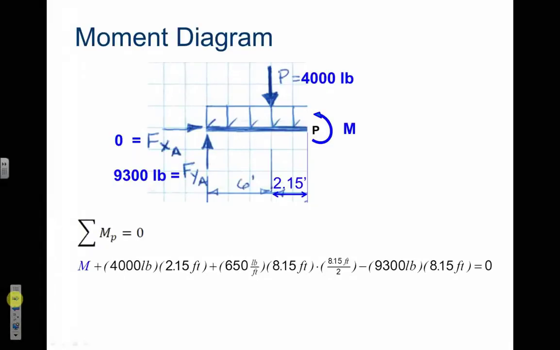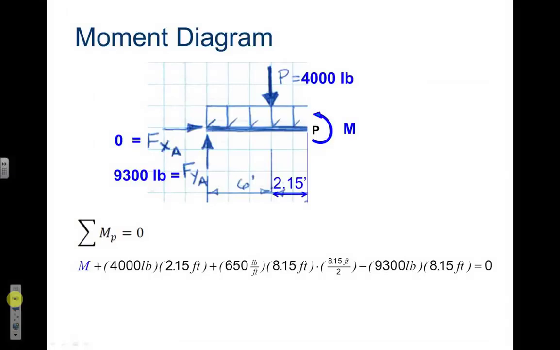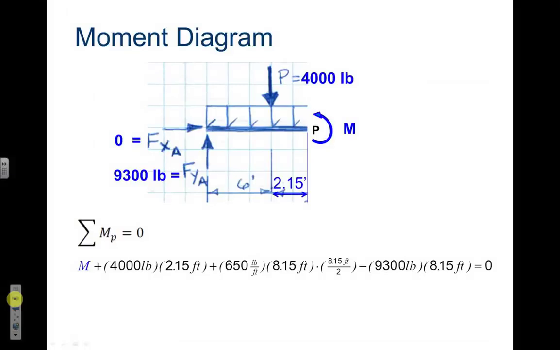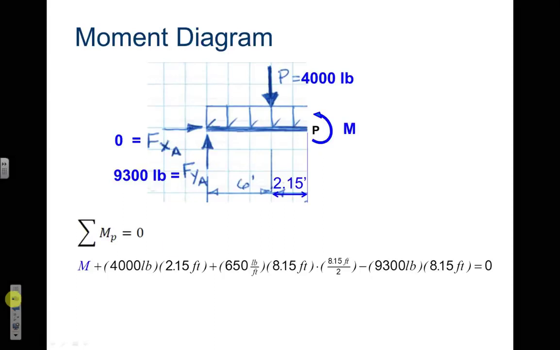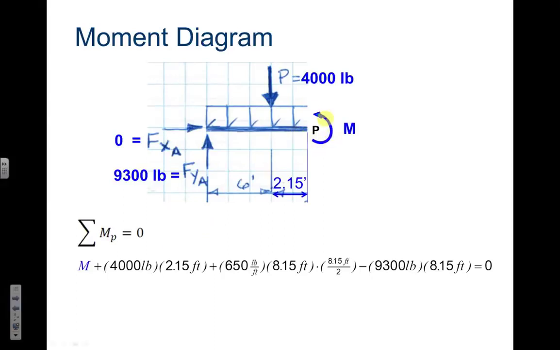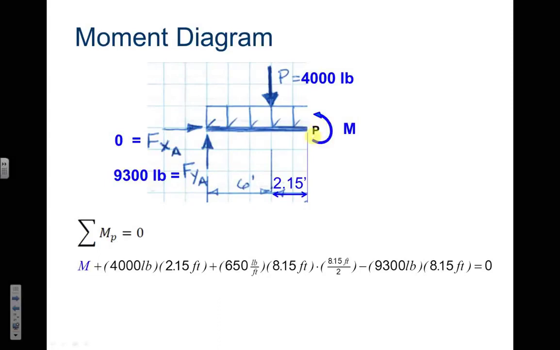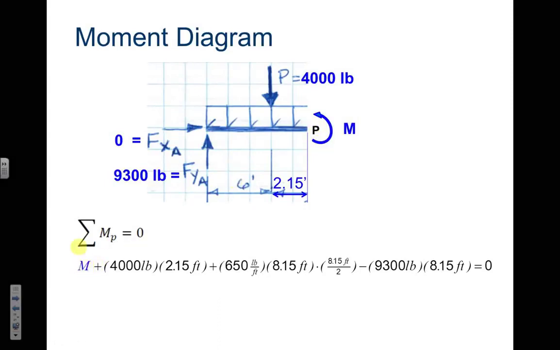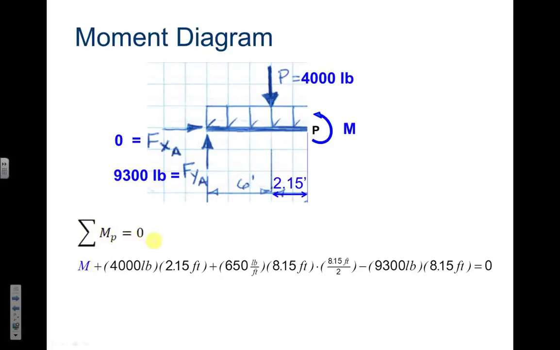Okay, there's two ways to do this. This is actually the harder way, and I'll explain a little easier way in a second. We want to find the moment at this point, at point P. So that moment, here it is in blue, the sum of the moments must equal 0, right? So I want to find this moment, and then we just start adding all the moments that we already know about.